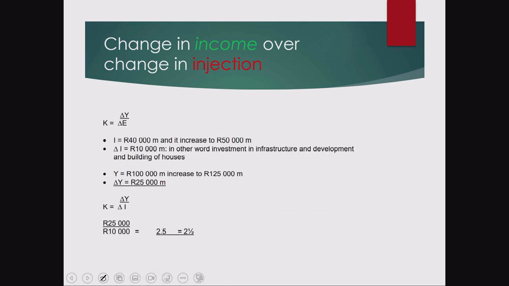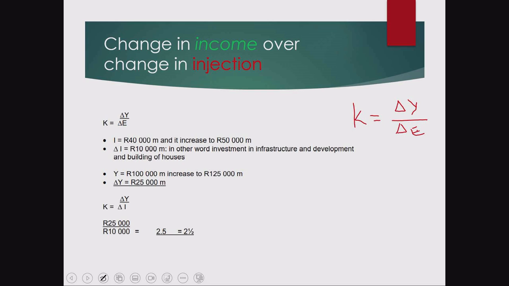This is just an example of what I've just talked about. There is the formula. K stands for multiplier, and it is equal to this small triangle, which stands for change, in income over change in expenditure.